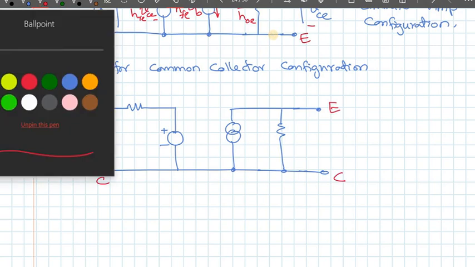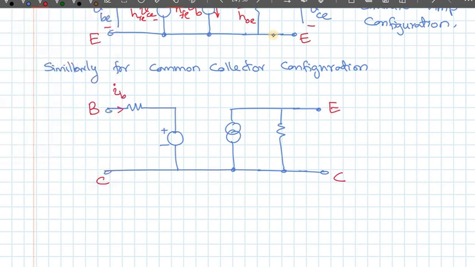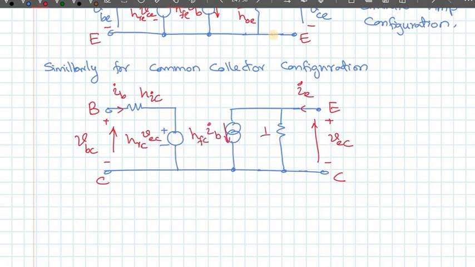So therefore, input is IB, and this is my VBC, and this is my IE, not IC, and this is VEC, and this is HIC because it's a common collector. This is HRC times VEC. This is HFC times IB. This is 1 over HOC, right? So the second subscript stands for the configuration, so for common configuration.